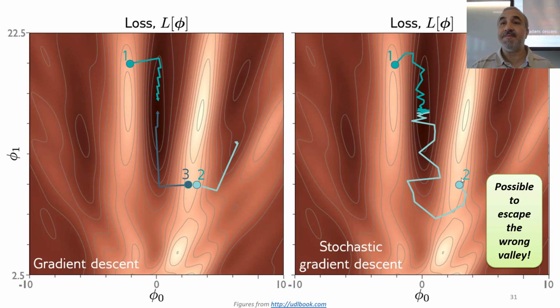Yes. If we increase the batch size, yes, we'll go back to the original one. As we increase the batch size, it's like we are going to the original gradient descent, of course.